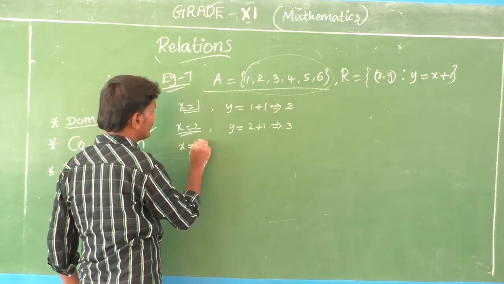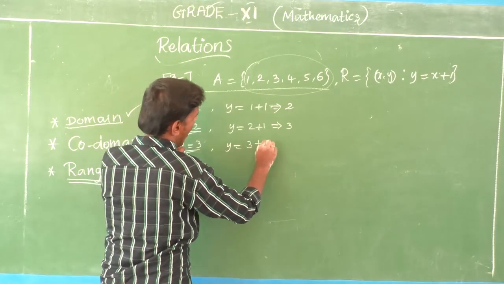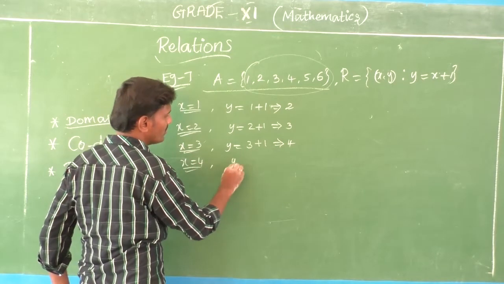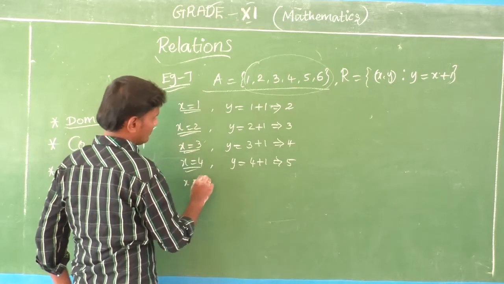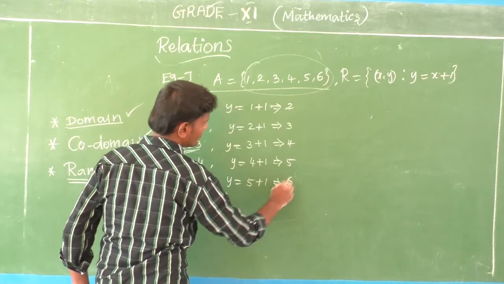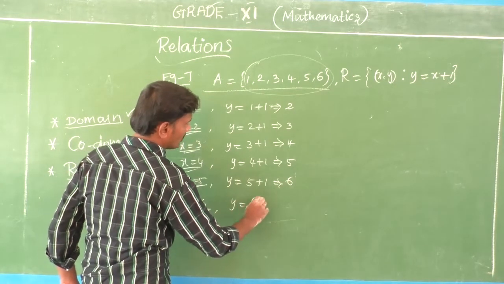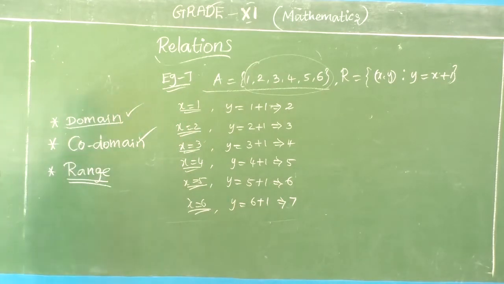And x equal to 3 means y equals 3 plus 1, 4. Then x equal to 4 means y equals 4 plus 1, 5. Then x equal to 5 means y equals 5 plus 1, 6. Finally x equal to 6 means y equals 6 plus 1, which is 7. Okay, have you got it?